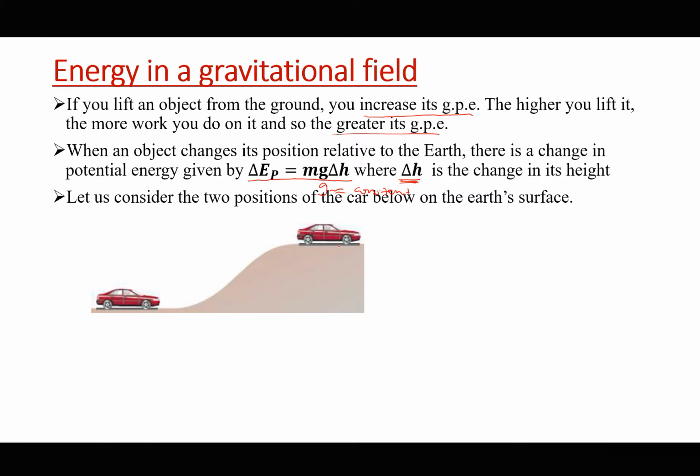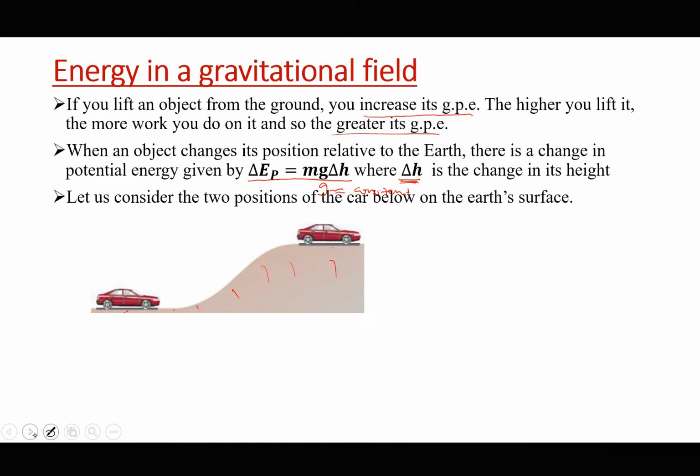If somebody says this is the reference point, then this one has a higher potential energy than this one. But if somebody says the Earth's surface is the reference point, then if the two cars are on the Earth's surface, they both have the same potential energy, which in this case will be zero because they have not left the surface of the Earth.